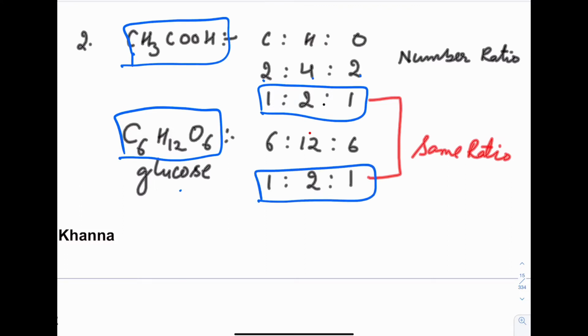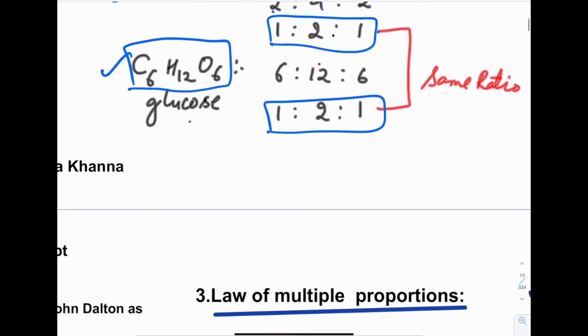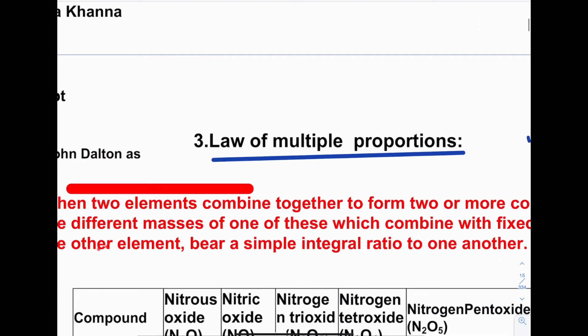So the simplest ratio of mass or number can be the same even for two different compounds. These two compounds have different molecular formulas, but their simplest ratio of atoms is the same. So with some limitations, we have to use this law.